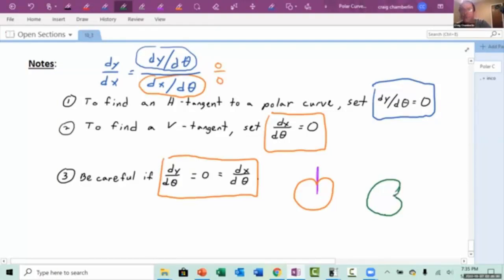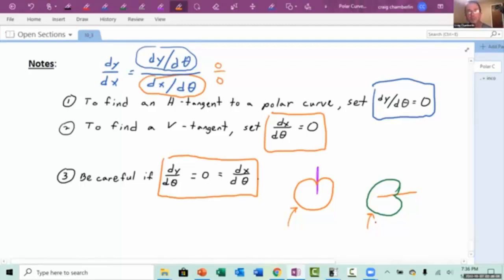So if you get one oriented this way, another terrible picture, then hopefully what I'm trying to get at is you'll have a horizontal tangent. And that's an informal way of determining whether you have a vertical tangent or a horizontal tangent, because I believe, if I remember correctly, in both these cases, you'll get a 0 over 0 situation. And that's as far as we'll take that this semester.